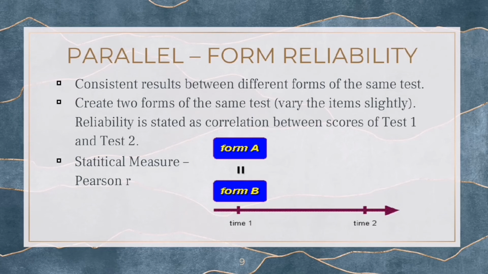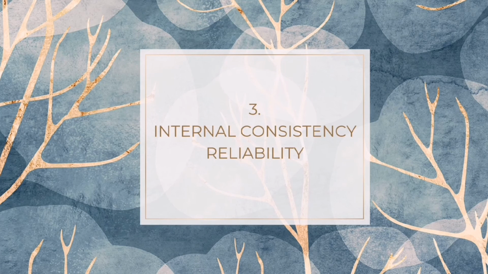So, in parallel forms, the statistical measurement used here is the same as in test-retest reliability, which is the Pearson r or Pearson product-moment correlation coefficient. The formula to be used is the same. The third method is internal consistency reliability.